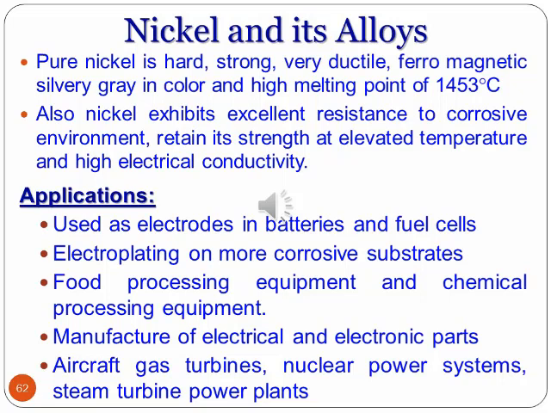Applications: it is used as electrodes in batteries and fuel cells, in electroplating of corrosive substrates, in food processing equipment and chemical processing equipment, in manufacturing of electrical and electronic parts, aircraft gas turbines, nuclear power systems, steam turbine power plants, etc.